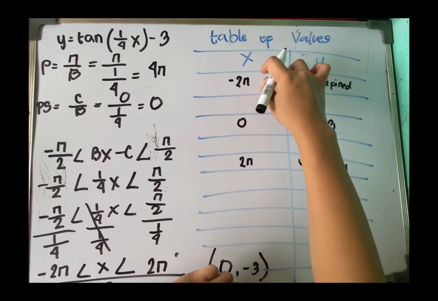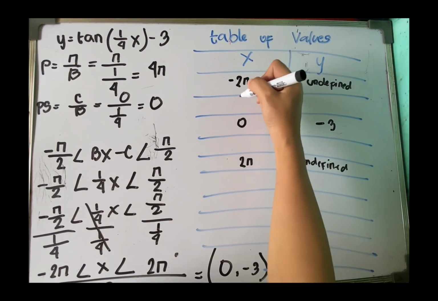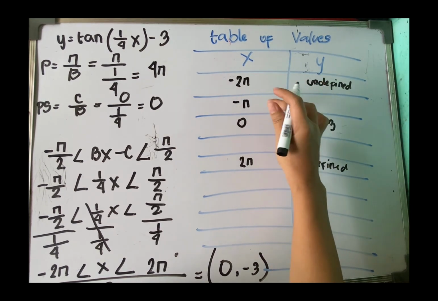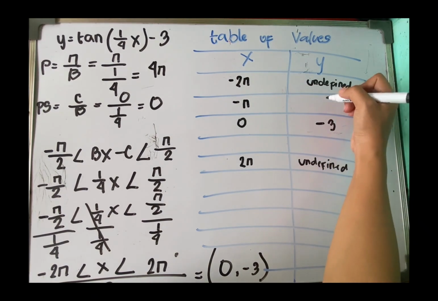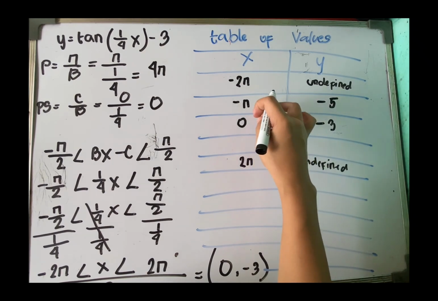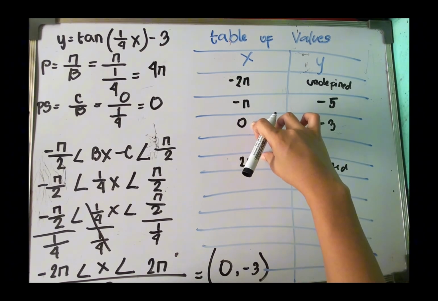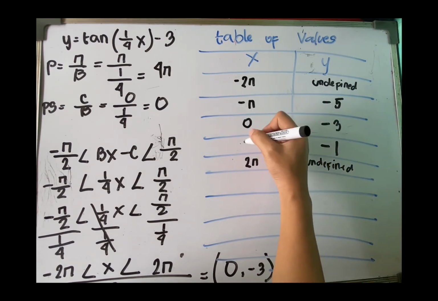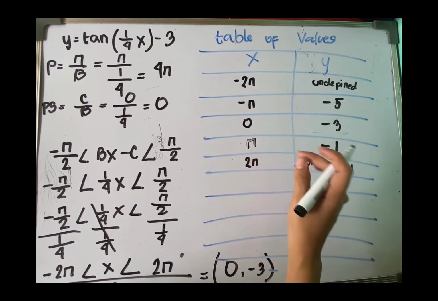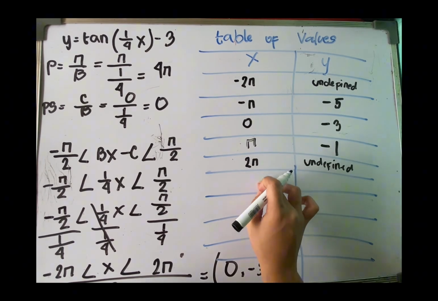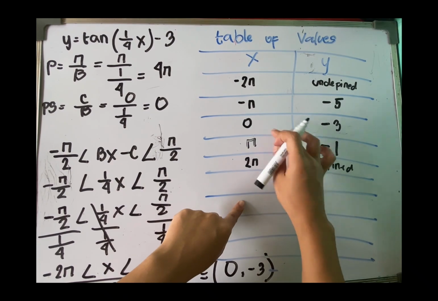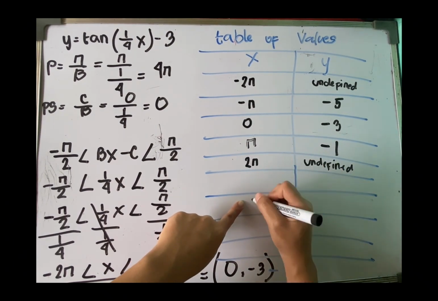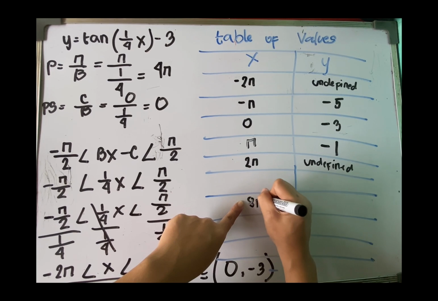To get this, you have to add this 2 again, then divide by 2, which is equal to negative pi, then y is equal to negative 5. Then we add this 2 again, then this is 2 pi, then negative 1. Same process, and so we get the 8 pi.